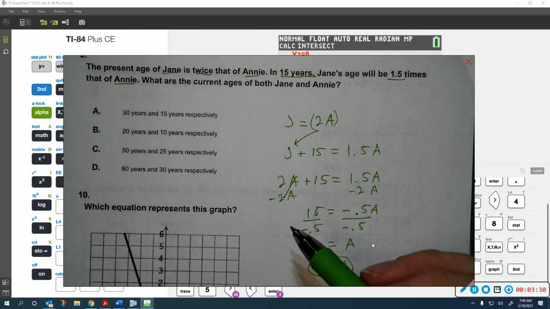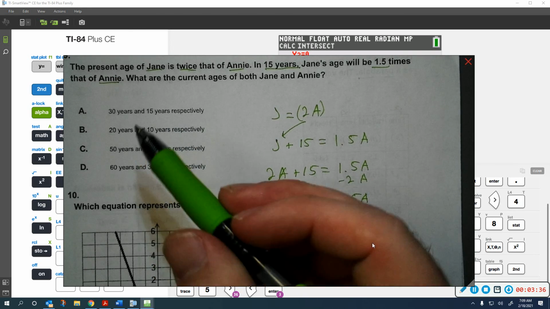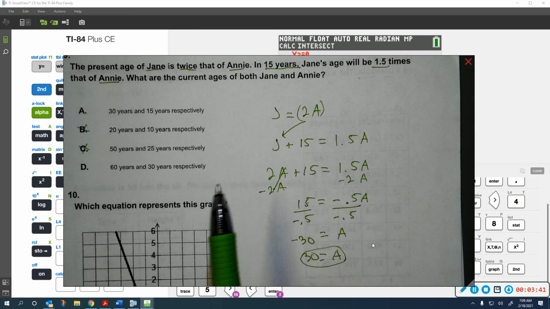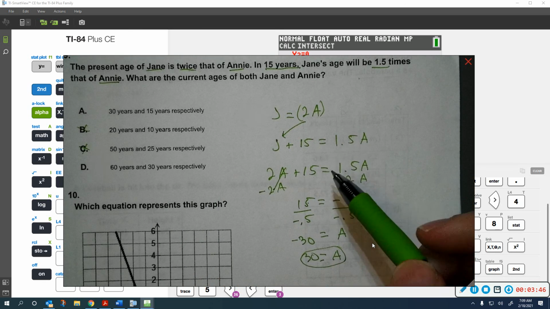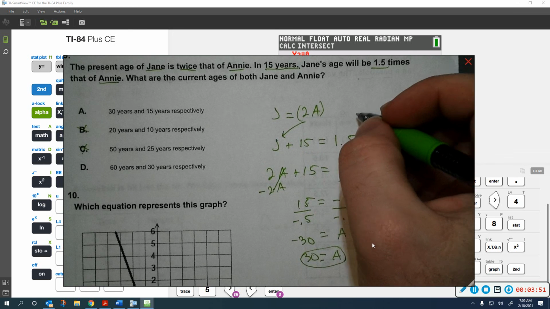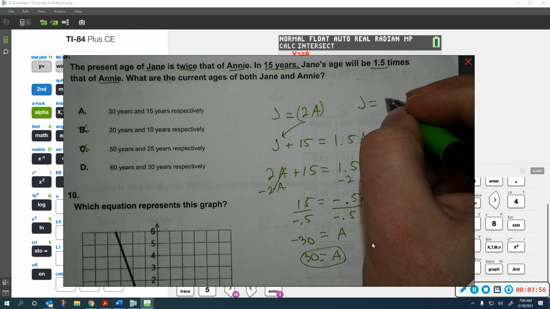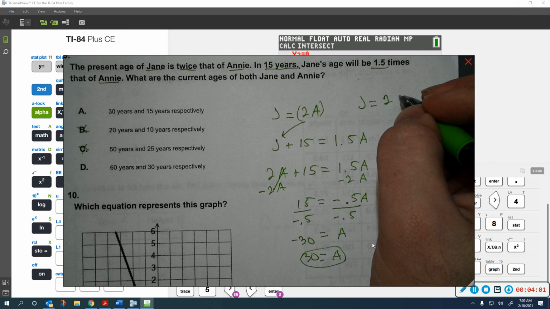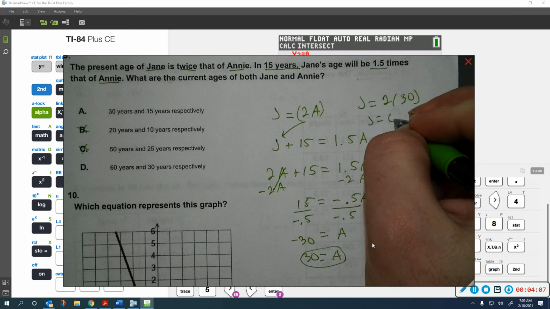Let's see if that works. If Annie is 30, there are 2 answers with 30, so I can knock out B and C. If Annie is 30, Jane would equal 2 times 30, so Jane would have to be 60.